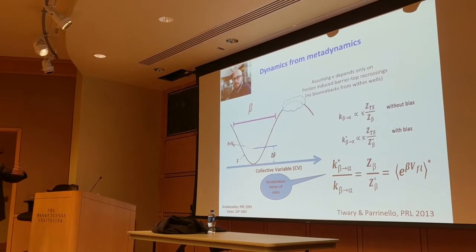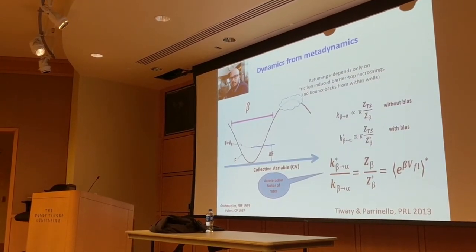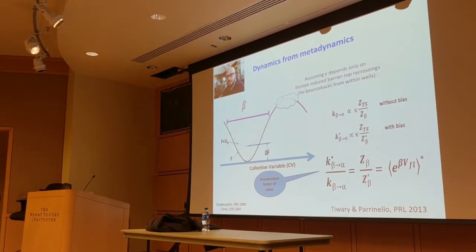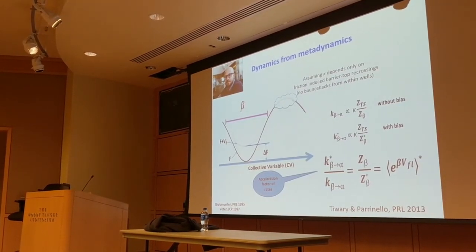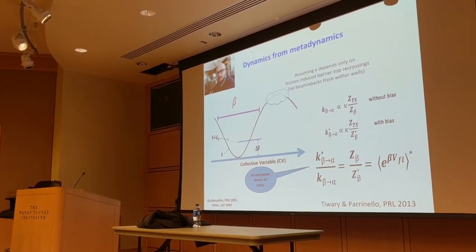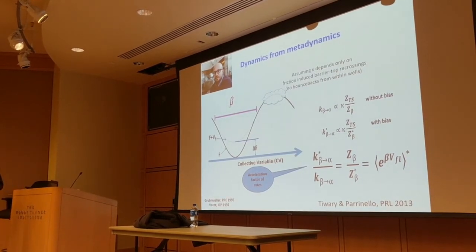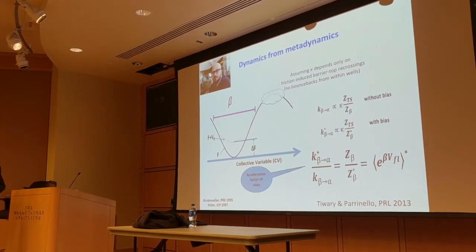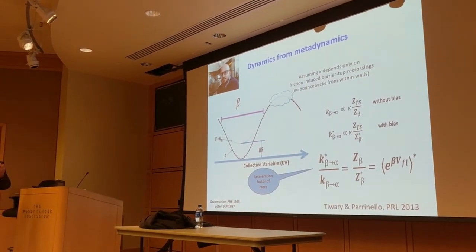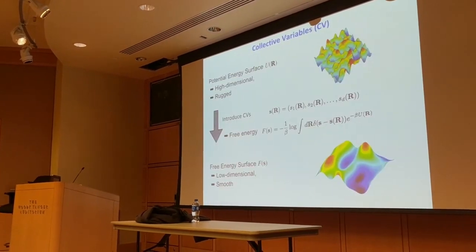I'm not going to go through it, but I have Grubmüller and Voter. And he showed that under certain circumstances, you could really get a decent rate constant from this. That is in overdamped systems. We did a lot of exploration of this on model systems. Interesting for those who are interested in it, but really you want to apply it to something interesting.